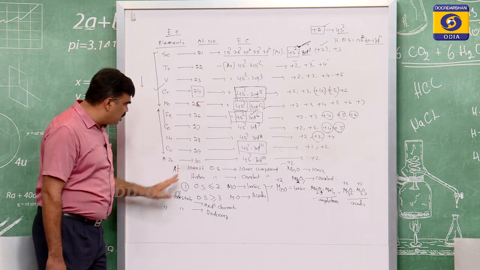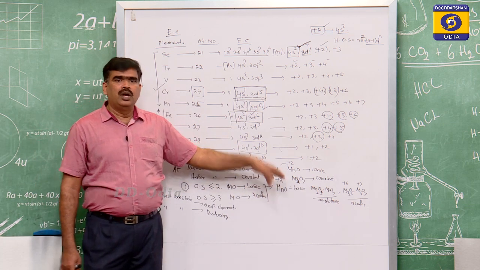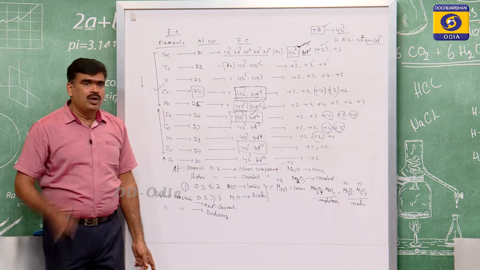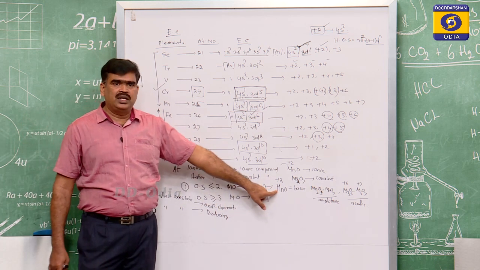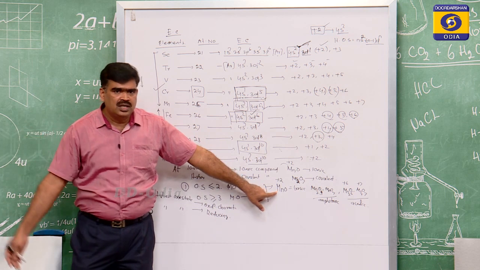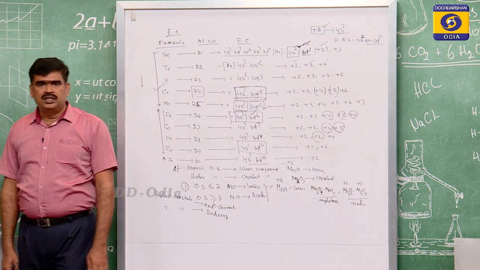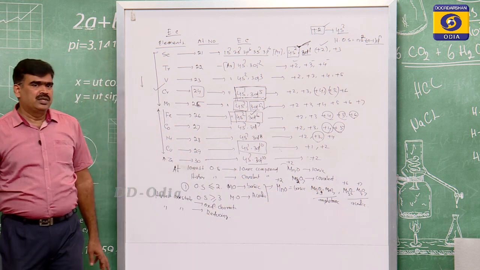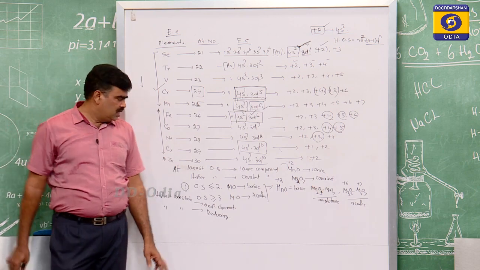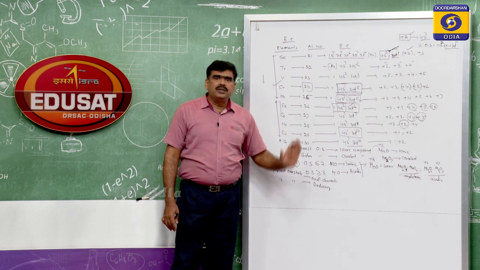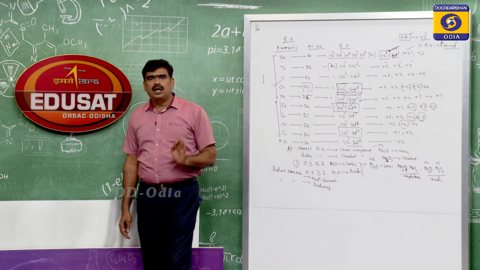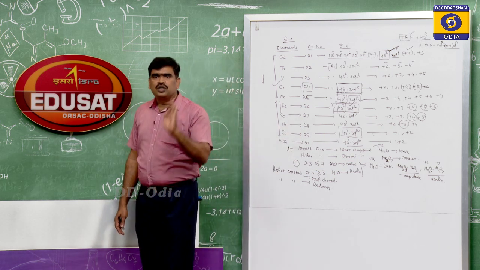At lower oxidation state, they form ionic compounds, and at a higher oxidation state, they form covalent compounds. And at a lower oxidation state, their oxides are basic, and at higher oxidation states, their oxides are acidic, and in between, there may be some amphoteric, in case of manganese. So these are the basic characters exhibited by the transition metals at different oxidation states.